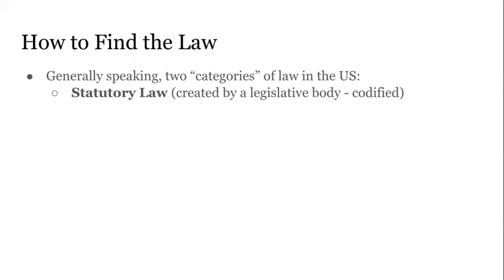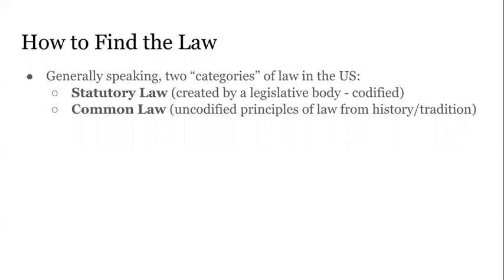They have whatever two separate bodies, maybe a Senate and a House in the state legislature, but they do the same thing. They pass a bill, then they send it to the governor, who's the head executive, like the president at the federal level, the governor of that state, who then signs it into law. And that's the same thing. In most states, it's pretty much the same, but that's statutory law, and it's created by a legislative body, officially codified.